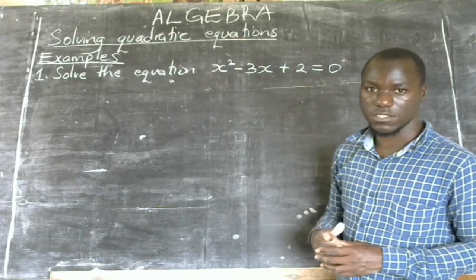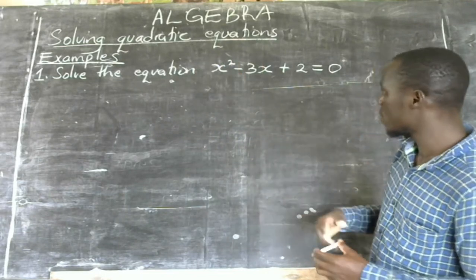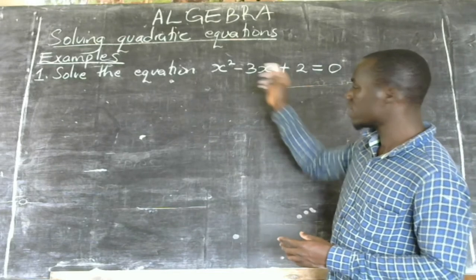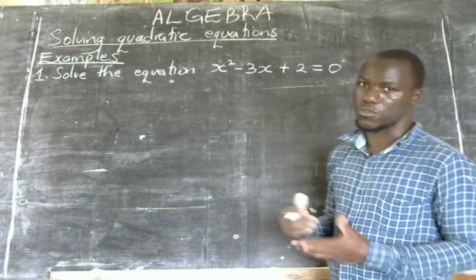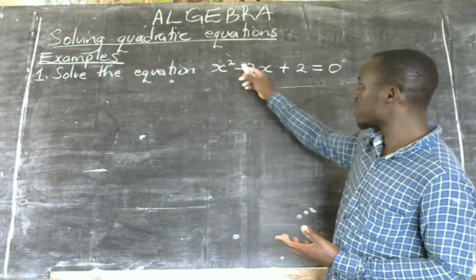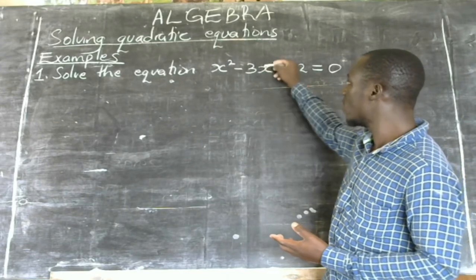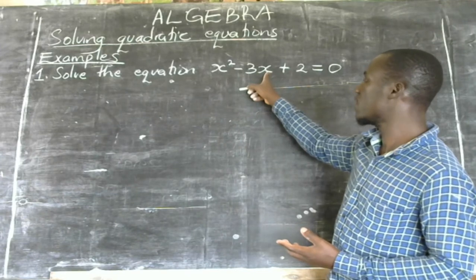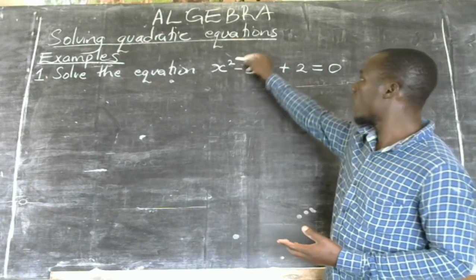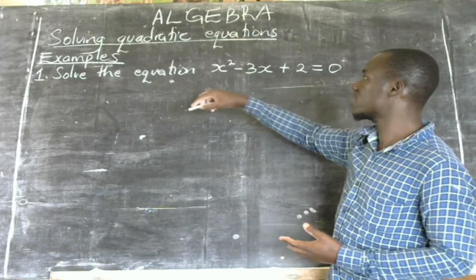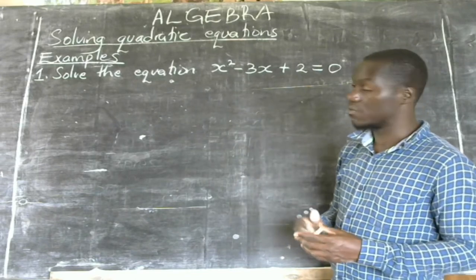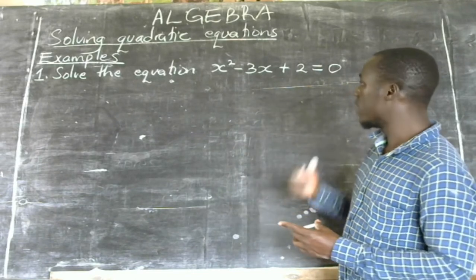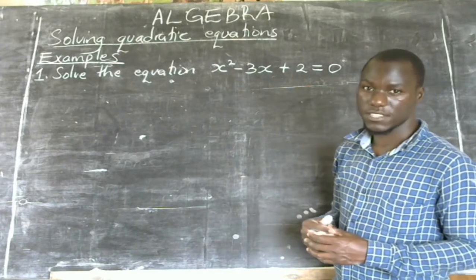But you must be able to see that such an equation is quadratic. How do you see it? We say look at the powers of the variables. We have x squared there, and then here we have x. So the square here means that the equation is of degree 2, and that becomes a quadratic equation.